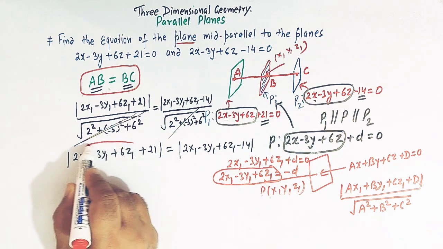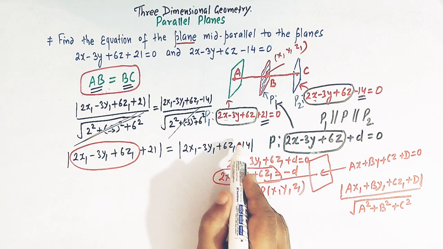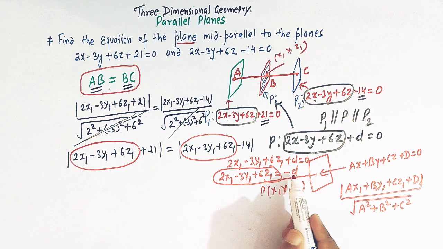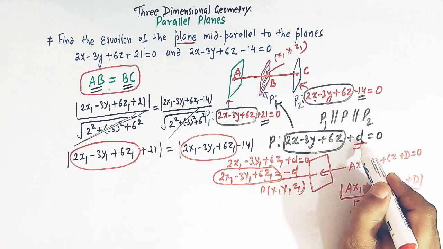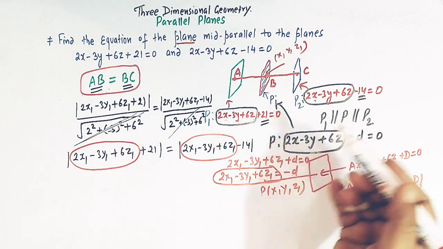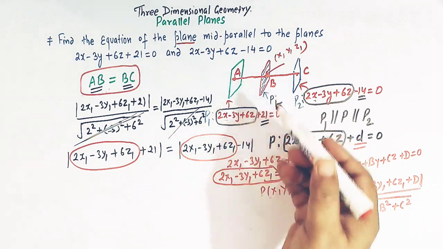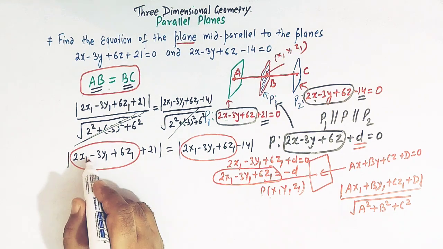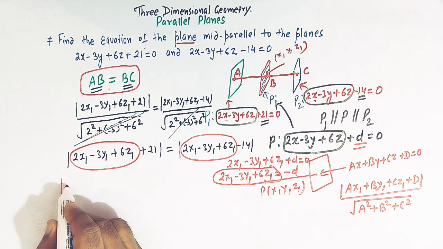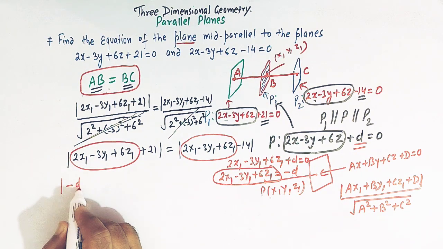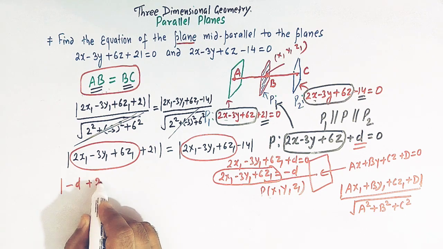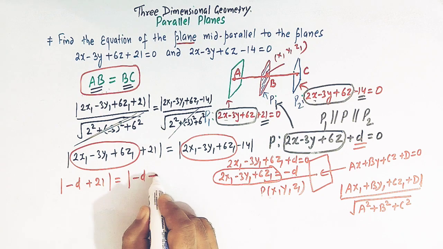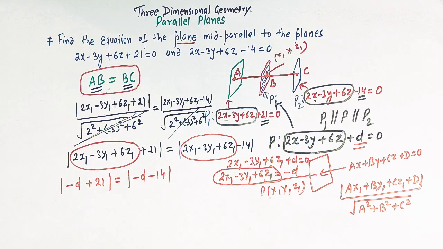So we'll substitute this quantity -d here and here, because once we know the value of this constant d, we can easily find the equation of the plane P. So now we have mod of (-d + 21), and here we have mod of (-d - 14), right?